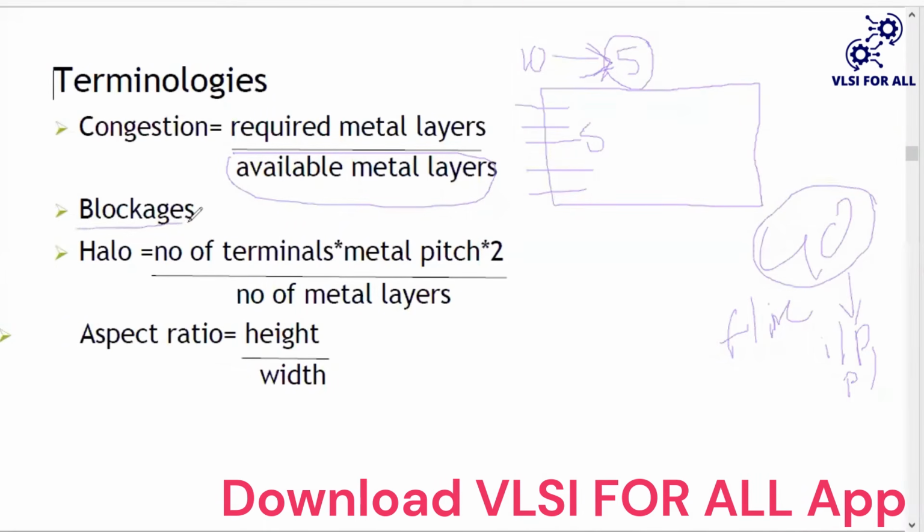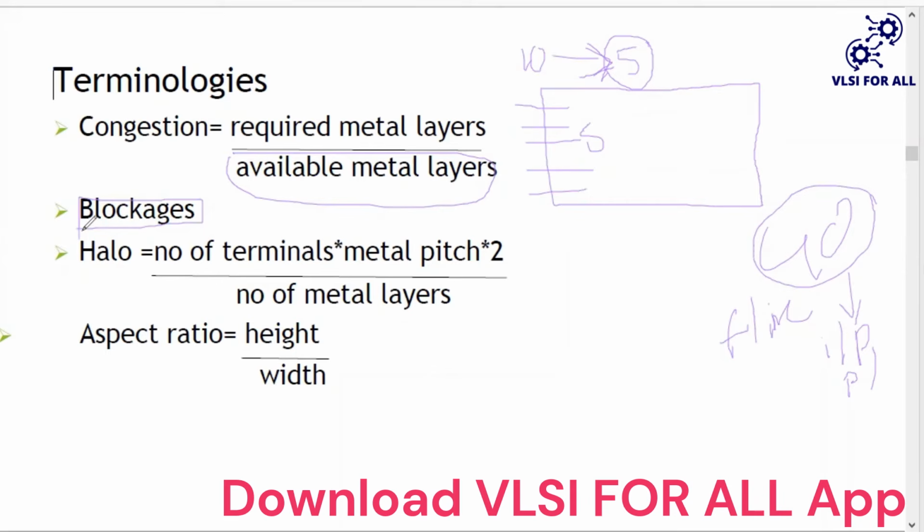Next one is the blockages. There are 2 types of blockages: placement blockages and routing blockages. This is not a simple concept, it is a very lengthy concept. Placement blockages are defined into 3 types. Routing blockages are defined per metal layer.